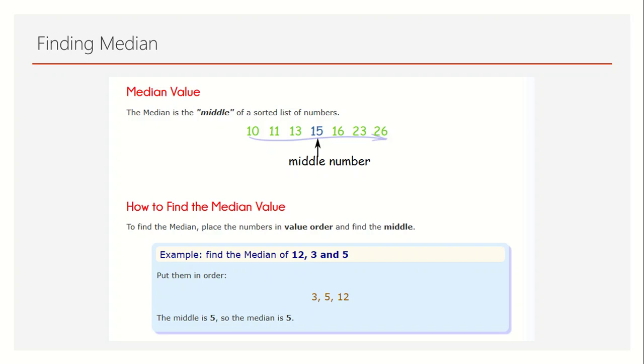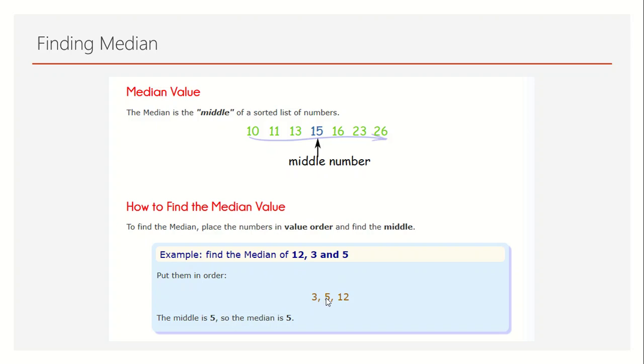It's very important, because in most cases students make a mistake because they didn't sort the data. We sort the data such that the smallest one is located at the left and the greater one on the right. Then the middle number, which is 15 over here, is going to be the median of these numbers.